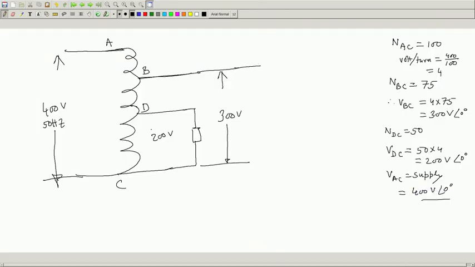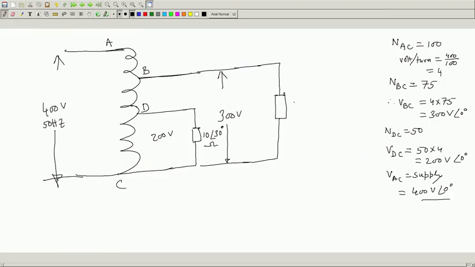And suppose the 200 volt I terminate on a load whose impedance is, say, 10 angle 30 degree ohm, like the previous one, and between these two points I supply another load, where you are getting 300 volt.